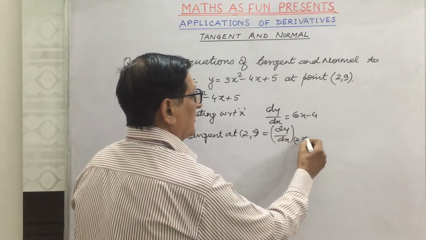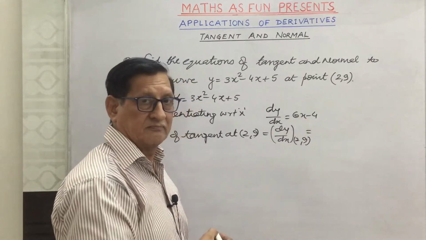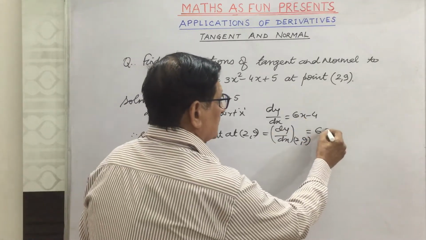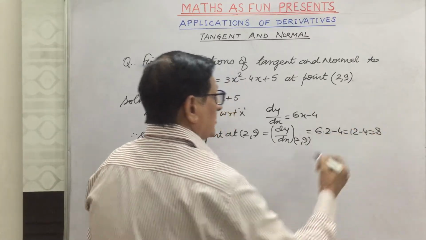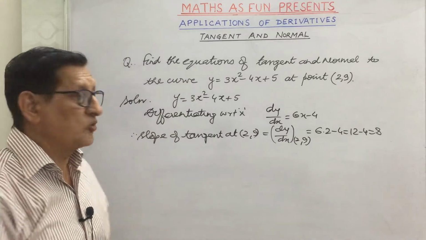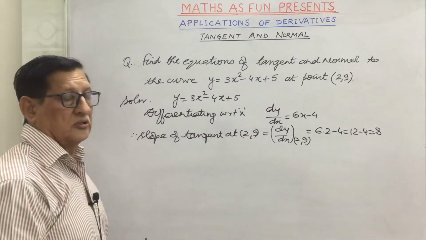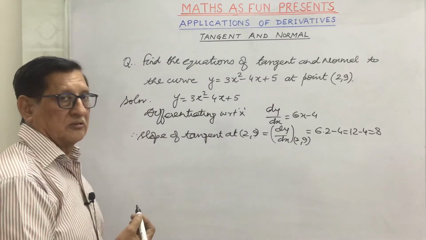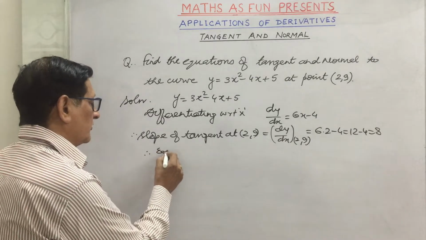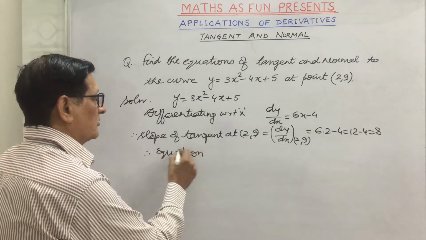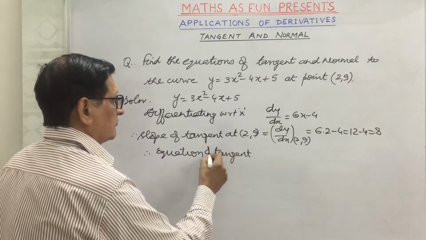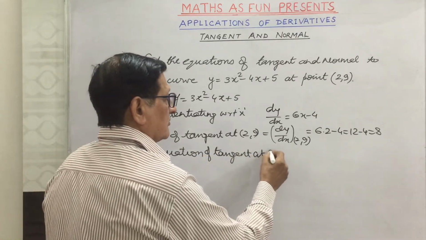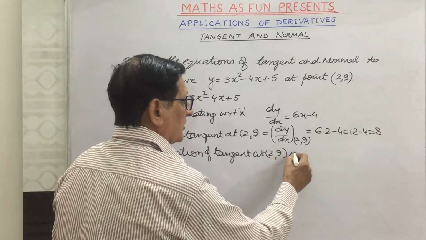At (2, 9), when we substitute the value, that is 6 into 2 minus 4, that is 12 minus 4, equal to 8. So 8 is the slope of the tangent, and then we can find out the equation of tangent at (2, 9).